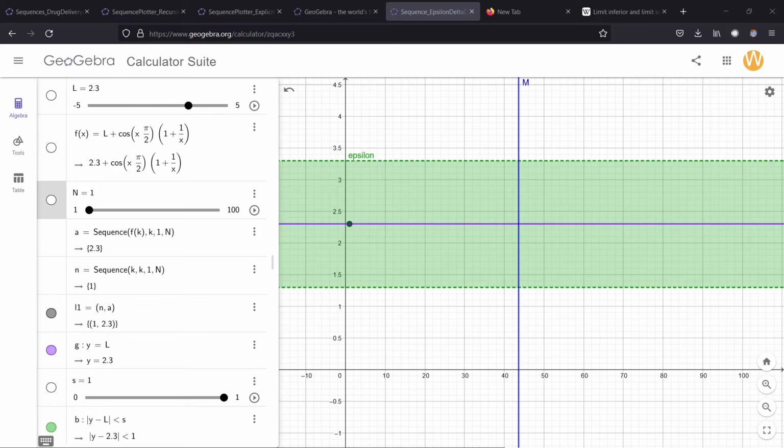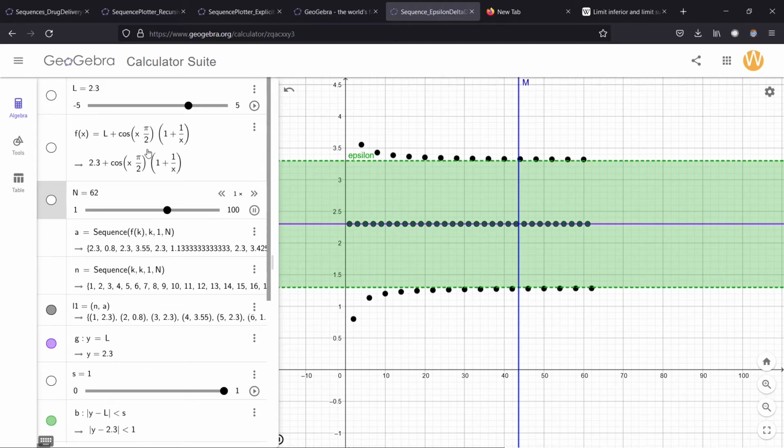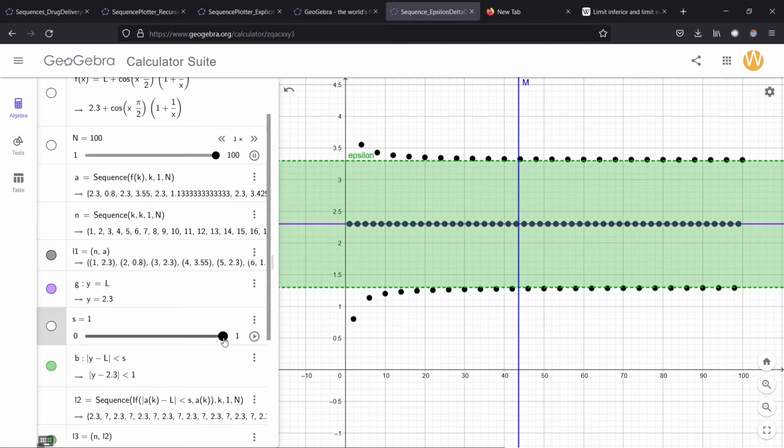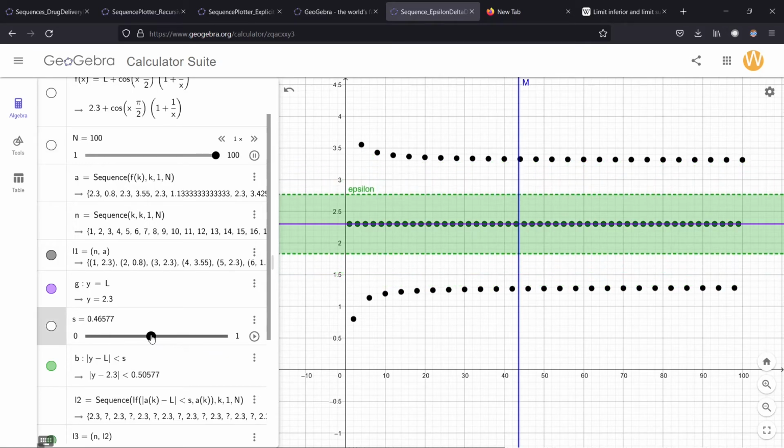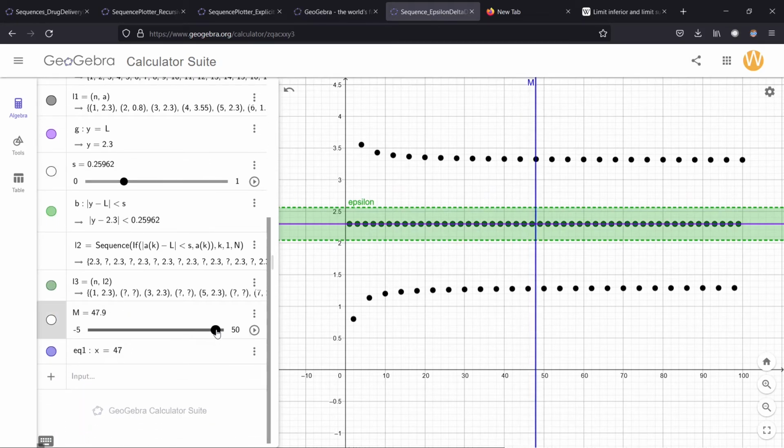This can be contrasted with a different example of a sequence that does not converge, so a sequence that diverges. If we take a look at this sequence right here, which is L plus cosine of x times pi over 2 times 1 plus 1 over x, this sequence does not converge because for any value of epsilon we choose, no matter how small, there will never be a point which traps values of the sequence.